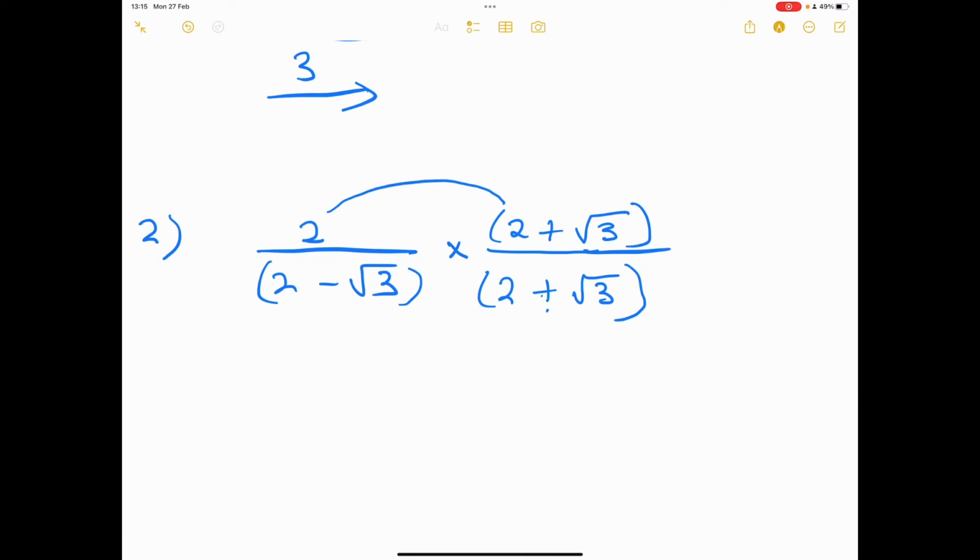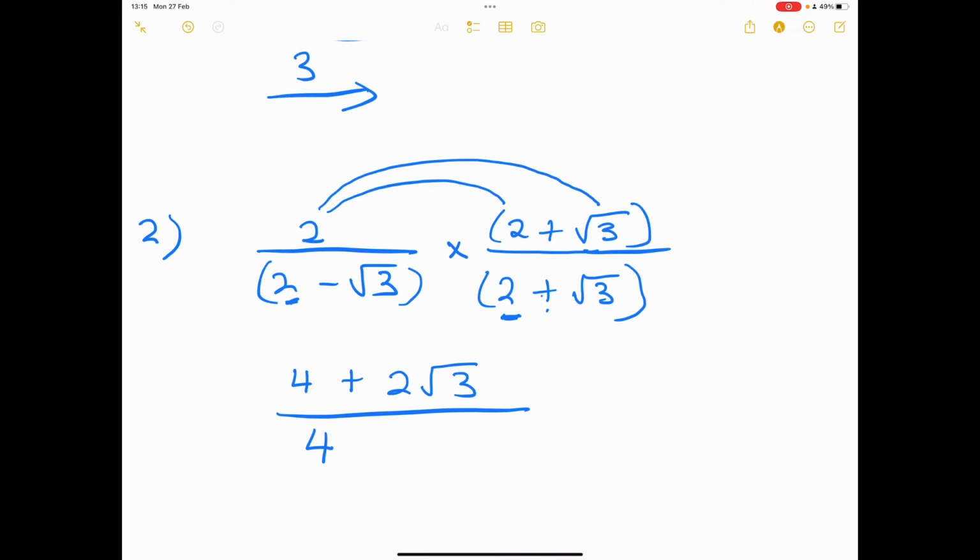Okay, let's deal with the top. That's 2 times 2, which will give me 4, plus 2 times root 3, that will be 2 root 3. And at the bottom, what do I have? All we need to do is take those numbers and take the squares. So that will be 2 times 2, which is 4, the difference of two squares, minus root 3 multiplied by root 3, that will give me 3.